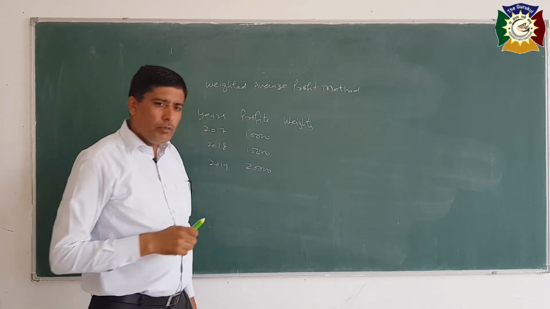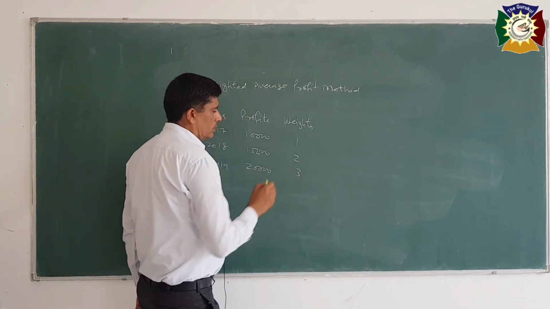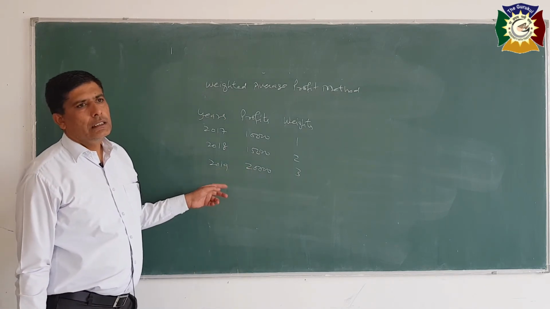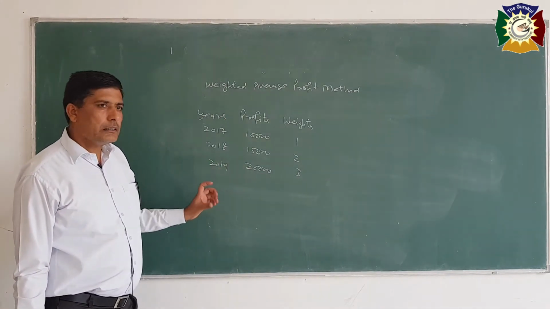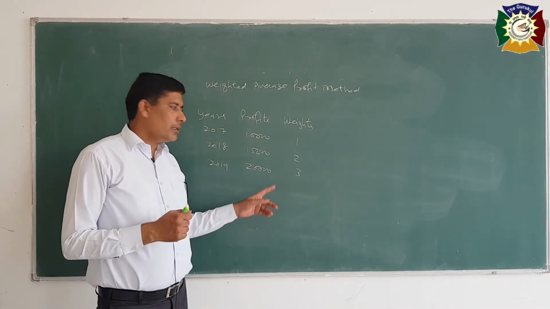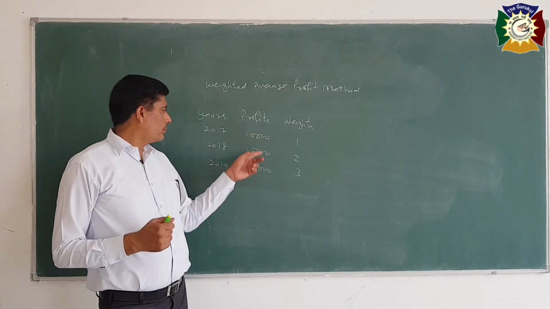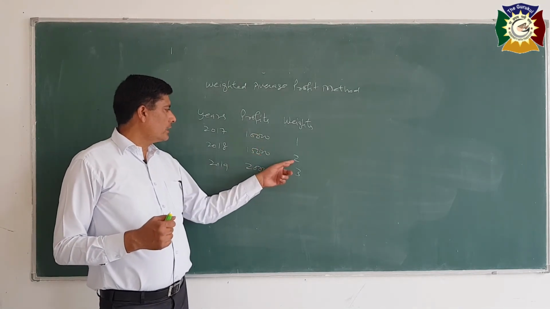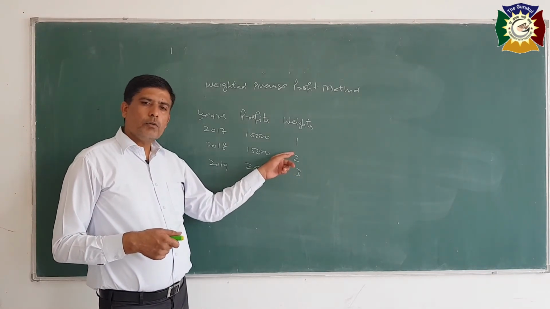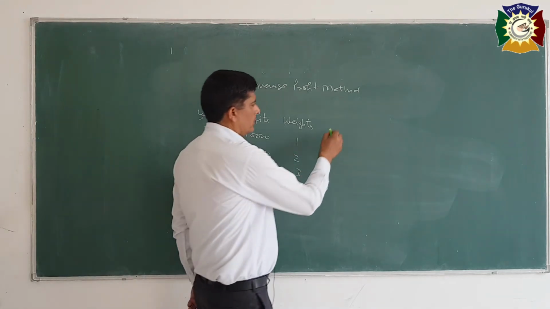The weights will be given to you in the question, like 1, 2, 3. We give more weightage to the profits of the recent year because the recent year's conditions are closely similar to the current year, and for the profits of the previous years like 18, less weightage is given, and again for 17, even less weightage is given.